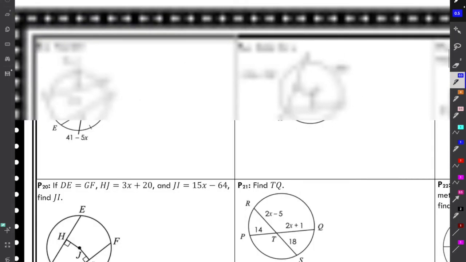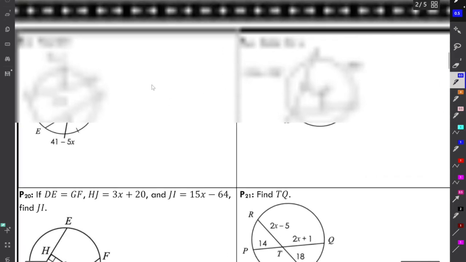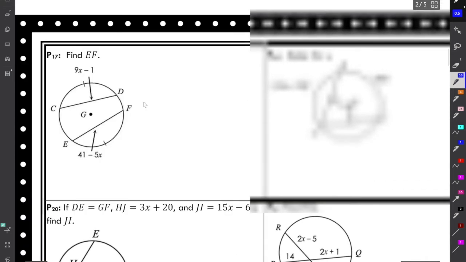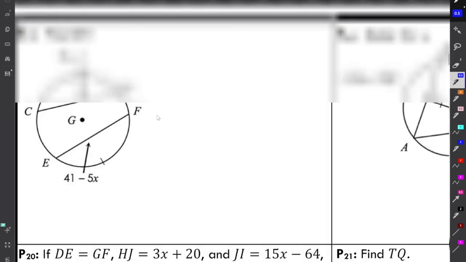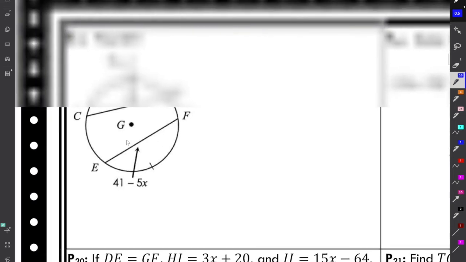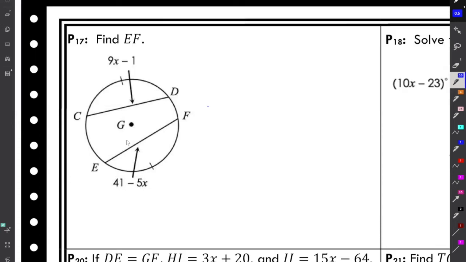P17. Find EF. So we have two congruent arcs. What this means is that if I have two congruent arcs, then I also have two congruent chords, which are the same as the endpoints of the arc. So CD and EF are equal.